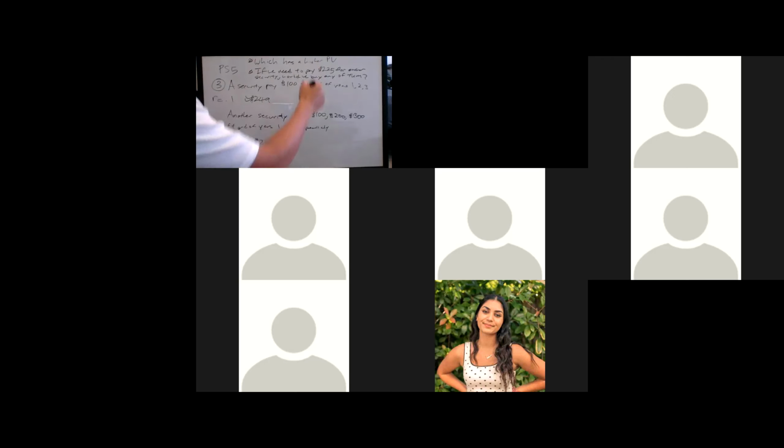So the way that this would be structured is equals 100 over 1.1 plus 100 over 1.1 squared plus 100 over 1.1 to the third.